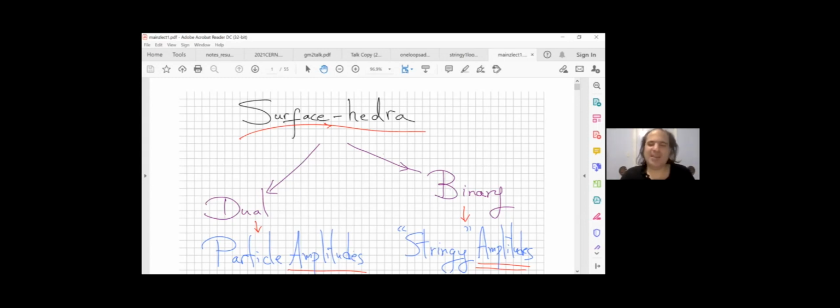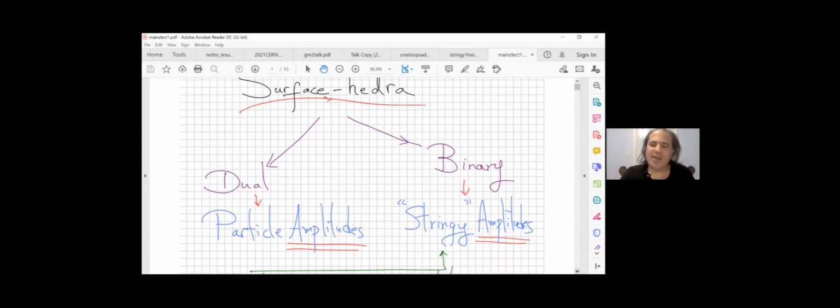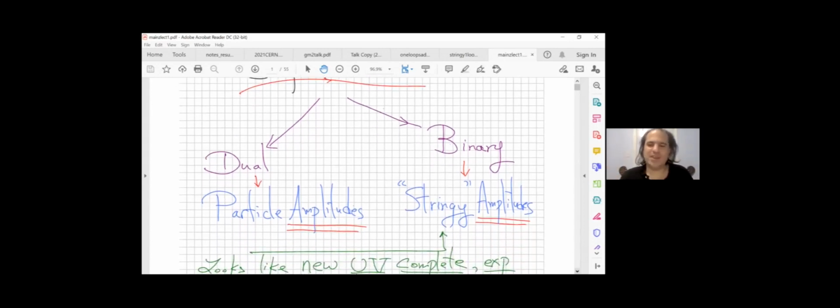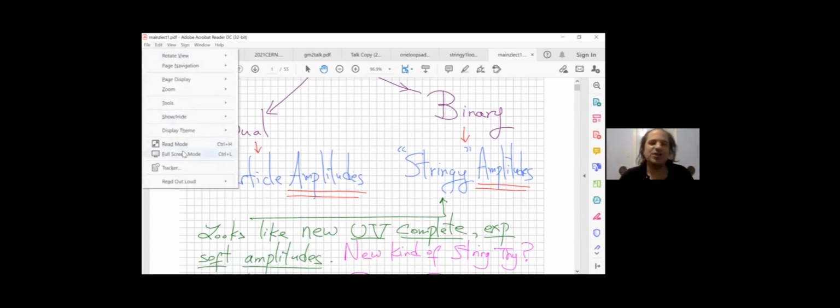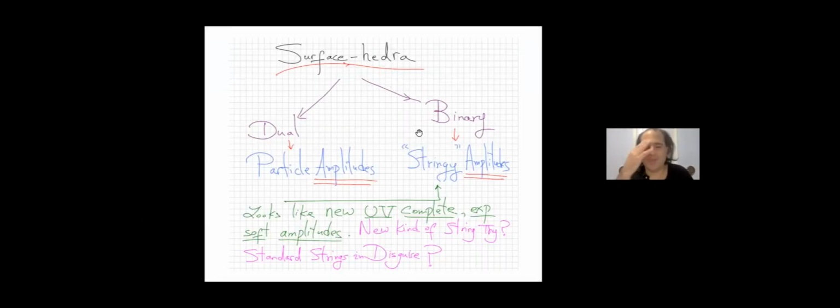So I want to say a little bit about this to begin with. And this fantasy was a big part of the reason for starting to think about these Surfacehedra, starting to think about the trace phi cube theory to begin with a number of years ago, because it seemed easier to realize this fantasy in this setting than in N=4 super Yang-Mills.